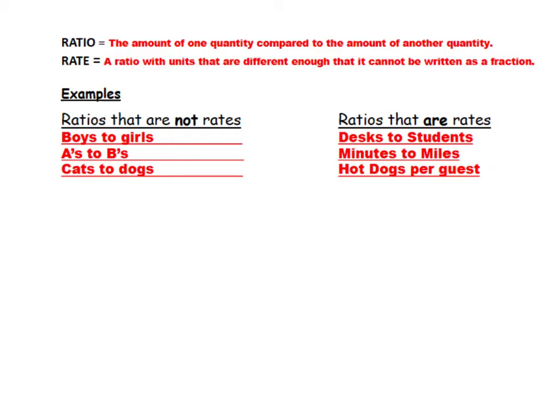The number of minutes to miles is also a rate because minutes is very different than miles. And the third ratio that is considered a rate here is hot dogs per guest. These two are very different because one is food and one is a person. You cannot combine those together.